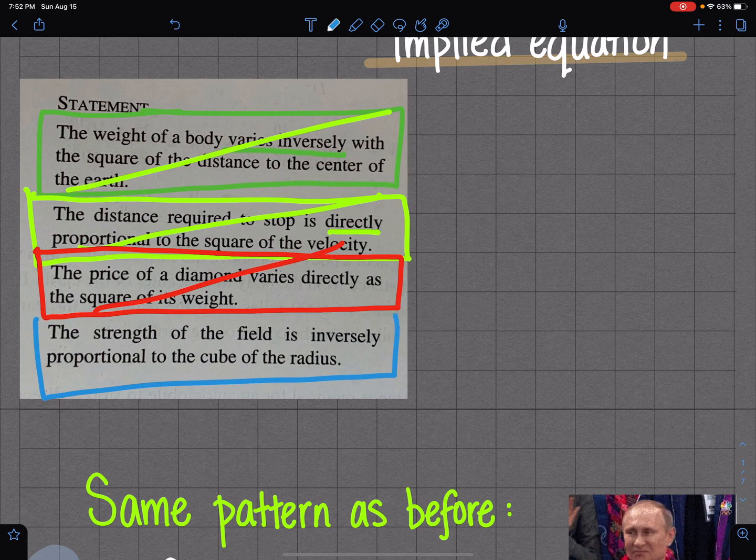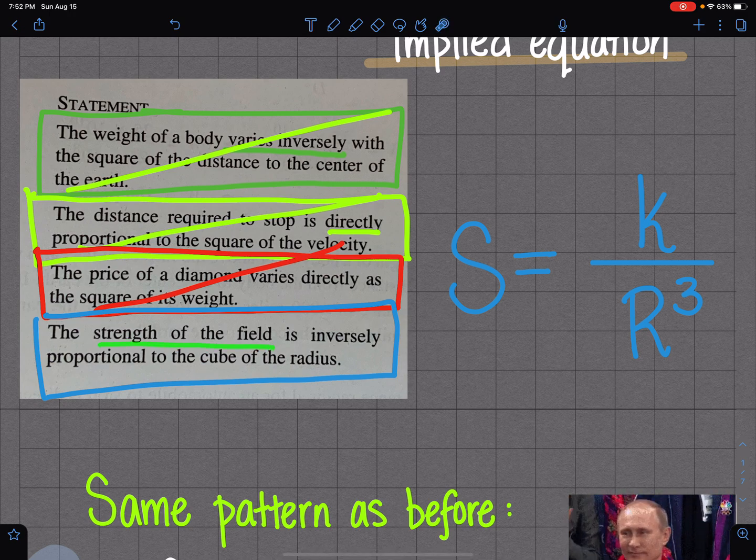Okay, the strength of the field, so I'm going to put S for strength, is inversely proportional to, so I'm going to put a fraction sign on the other side, the cube of the radius. So radius cubed goes on the bottom. I would put a 1 on the top, but it's not just going to be a 1, it's going to be the constant. And then I'm going to read it again just to make sure I did it right.